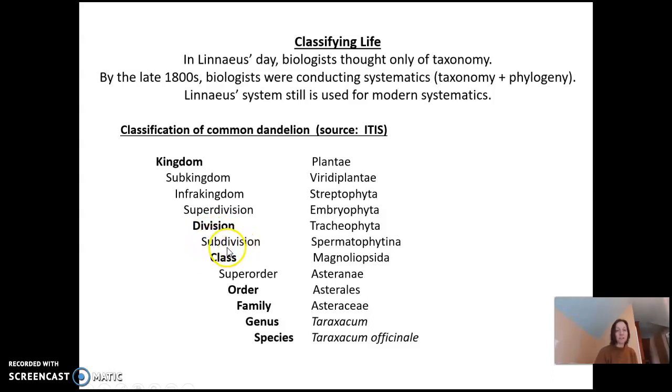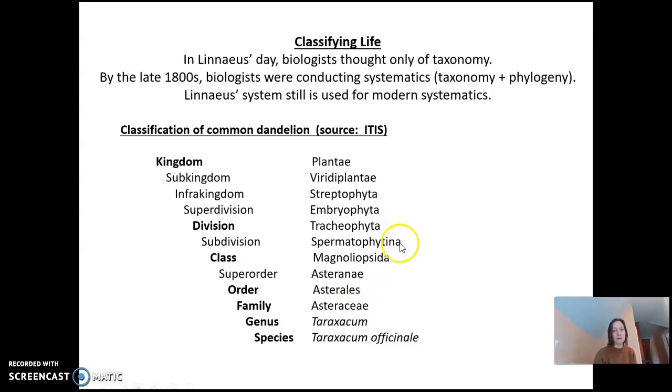Then there are subdivisions: class, superorder, order, family, genus, species. So we have all these little groups within our grouping system now. And this might seem overly complicated, but as we look and try to categorize the millions of different species that we have, it is helpful.